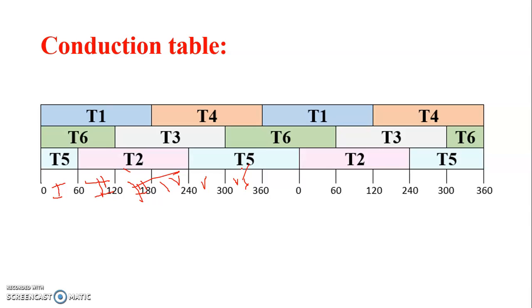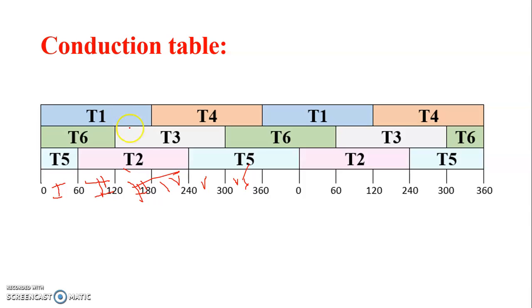In this first table, the first row shows that T1 from the upper group conducts for 180 degrees and T4 for the next 180 degrees, and then again T1 for 180 degrees, and so on. In the second row, T3 from the upper group starts conducting 120 degrees after T1.